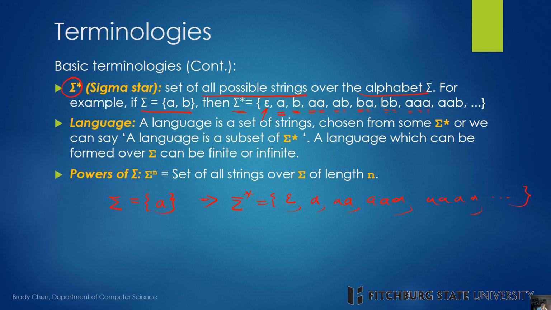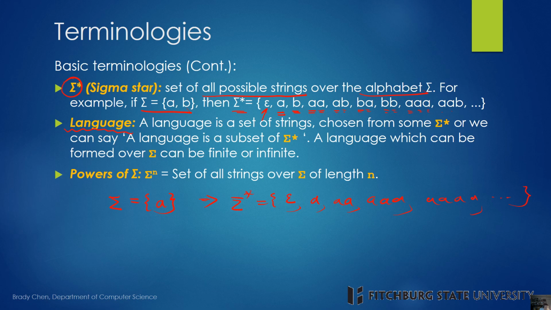Now the other terminology we're going to use in automata is called language. So a language is a set of strings chosen from some sigma star. Okay, so a language is a subset of sigma star, right?